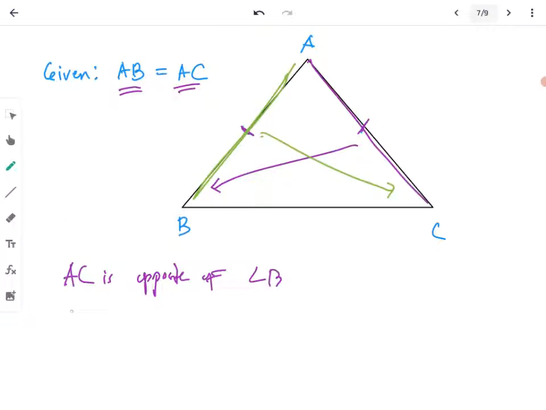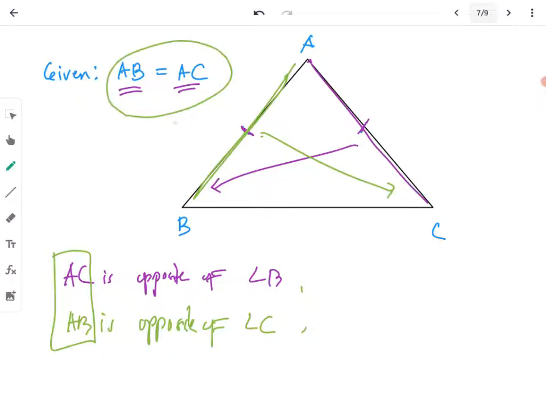So AB is opposite of angle C. Meaning if AB and AC are equal, as the marking is telling us, these angles are also equal. So you can also say angle B is equal to angle C.